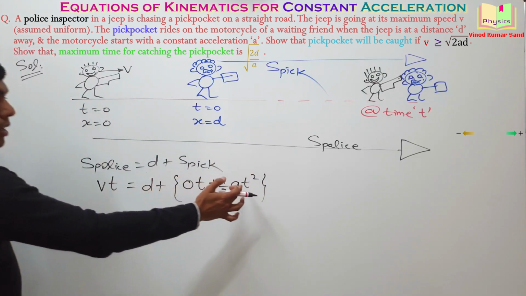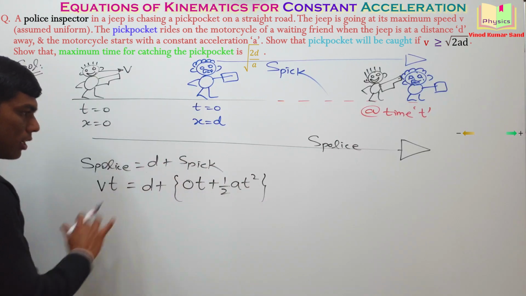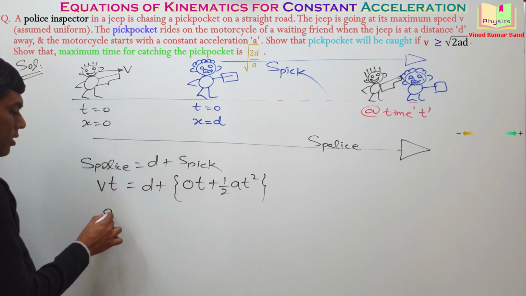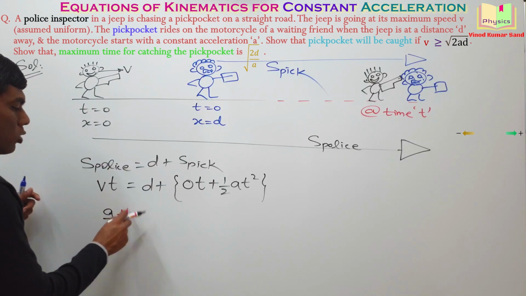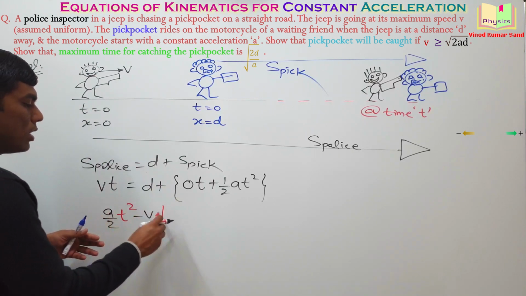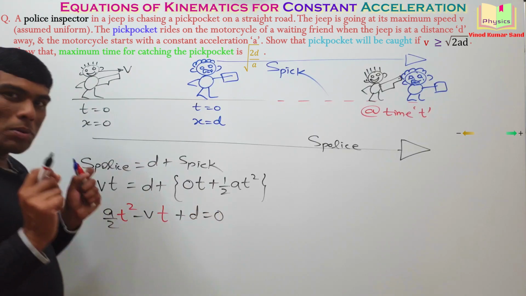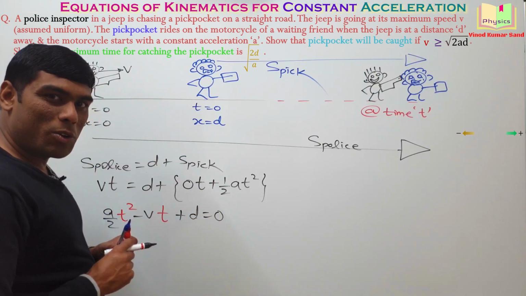Okay, it is a quadratic equation in time. So rearranging the terms, we can write this as a by 2 t square, this vt I am shifting here, minus vt plus d is equal to 0. You remember how to take up the roots of a quadratic equation.